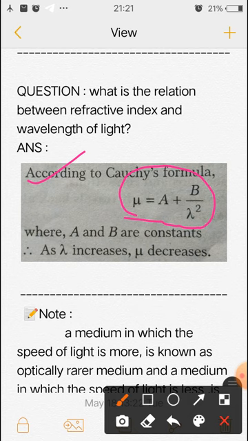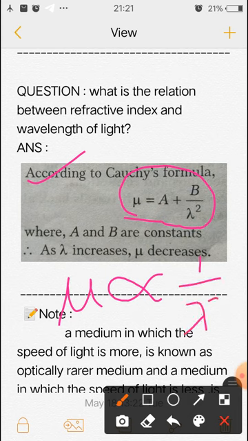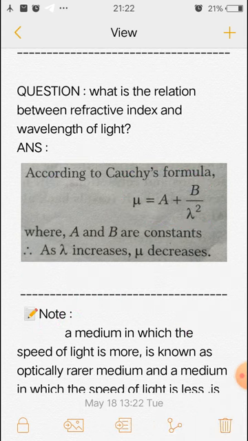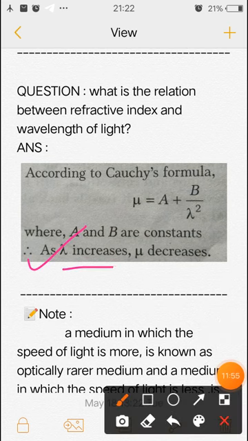So you can see from the relation that mu is proportional to 1 by lambda square, that is, mu is inversely proportional to the square of lambda. So as lambda increases, mu decreases, and vice versa.